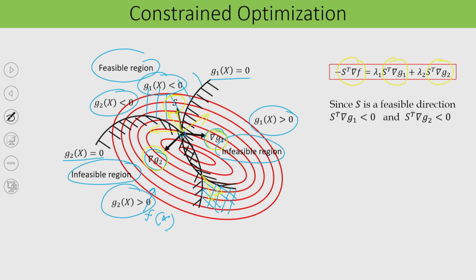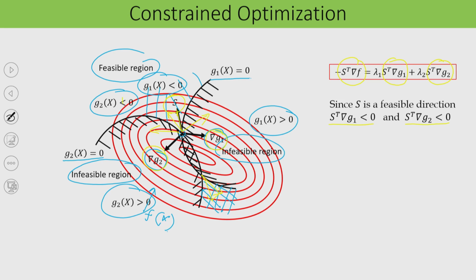Because that is a feasible direction, if you go along that direction, your constraint function value will reduce, and therefore S transpose del g 1 is less than 0 and S transpose del g 2 is less than 0. So if you are going along this direction, the constraint function value will reduce.